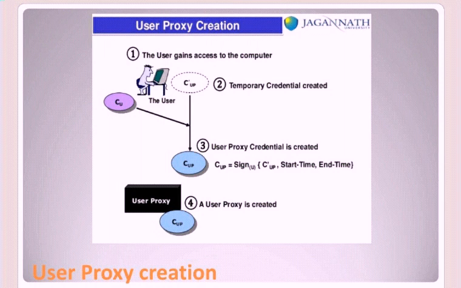The remote party receives the proxy certificate signed by the owner and also the owner's certificate. So during mutual authentication, the owner's public key is used to validate the signature on the proxy certificate. So a proxy is actually used to avoid the need to enter the password repeatedly.